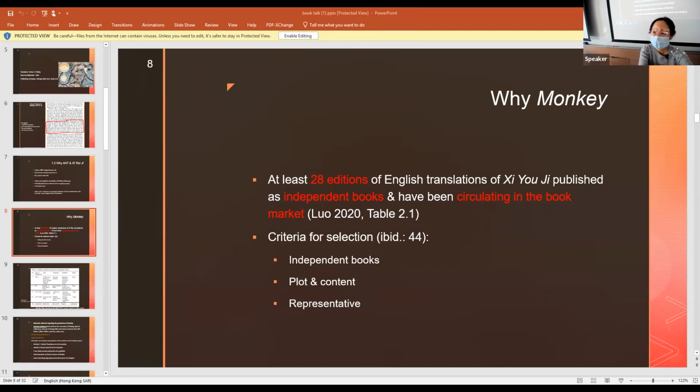And the second group of materials that supports my research contains the following. The first is the translation Monkey and some other translations by the translator, including both main text and paratexts. And paratexts are especially important for this kind of research.